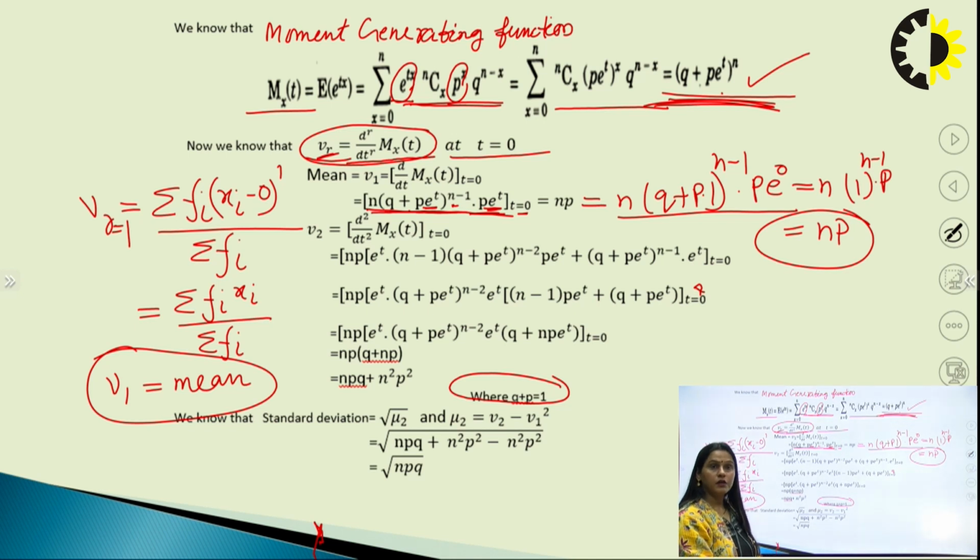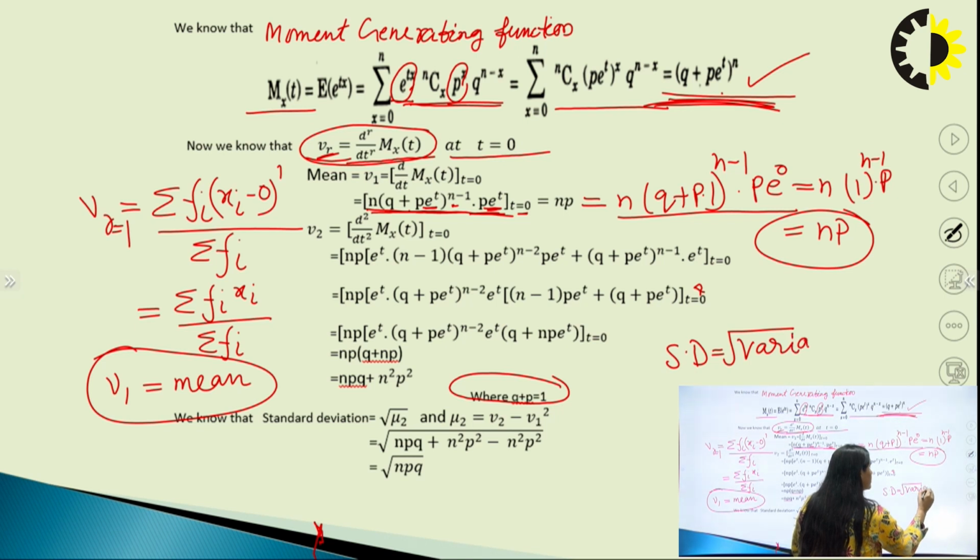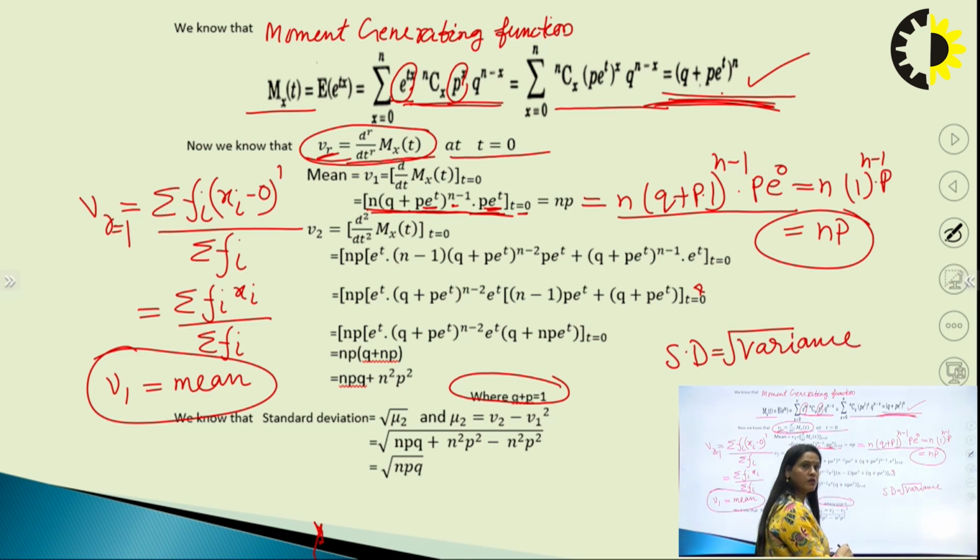Now it's time to find standard deviation or variance of binomial distribution. What is variance or standard deviation? Standard deviation is equal to under root of variance, and variance is what?